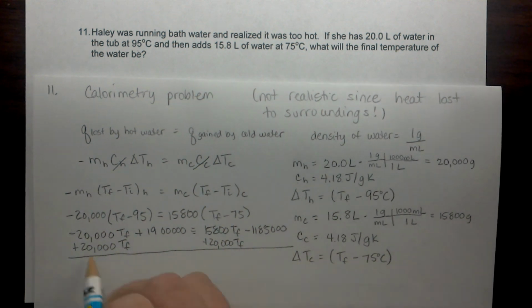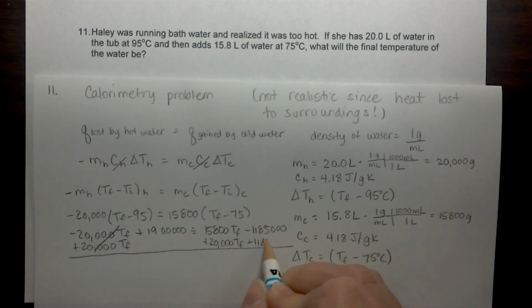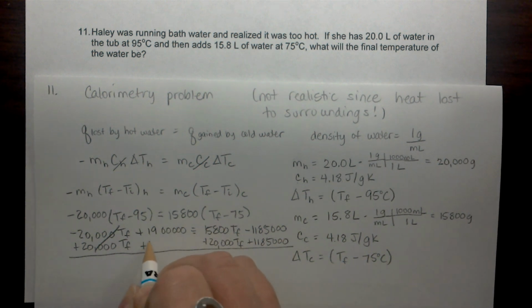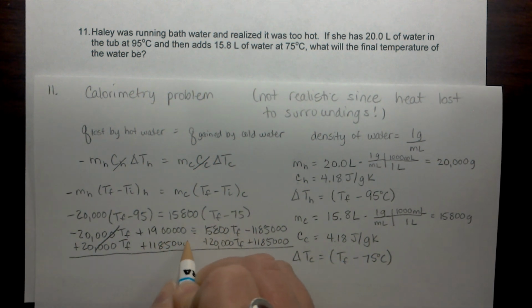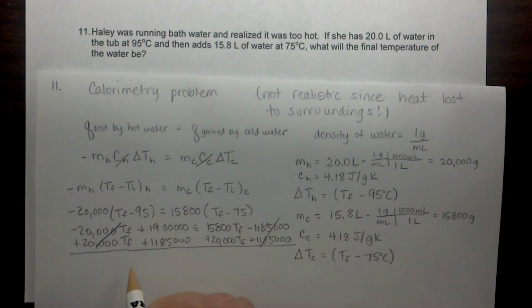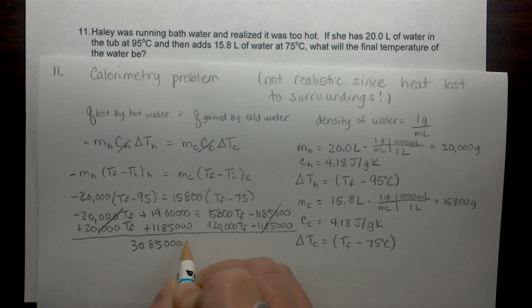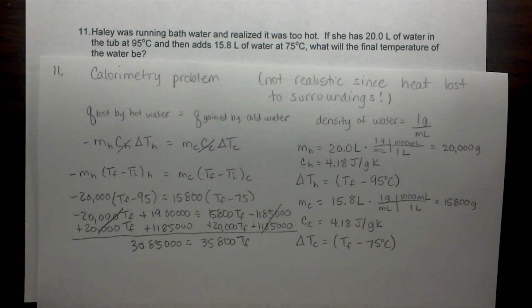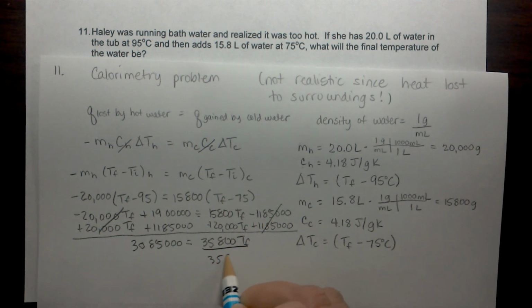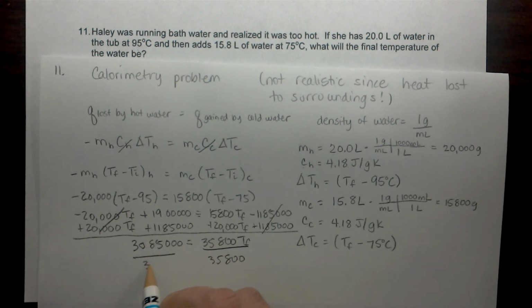Okay, and that'll get rid of that on this side, and then I want to go ahead and move this to the other side. Okay, and this goes away, so you end up with some pretty big numbers. Okay, and you divide both sides by the coefficient, and you get your final temperature of 86.2 degrees C.